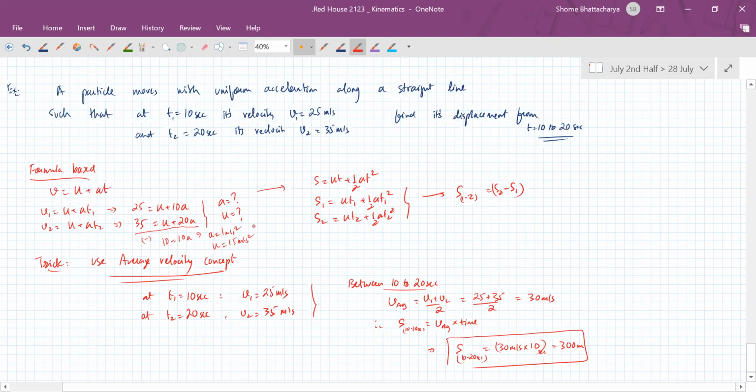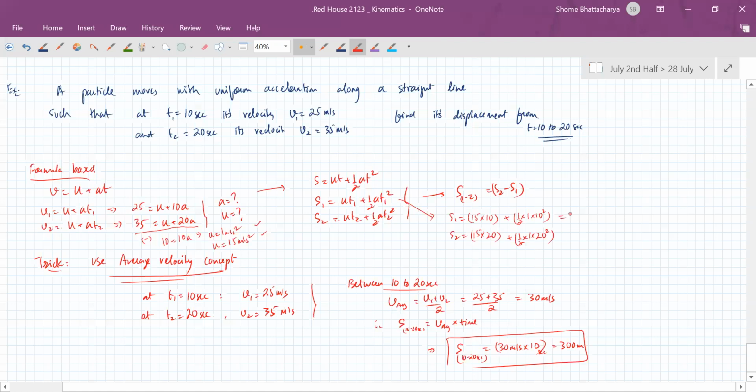So now using these two values, you will get S1 as how much? We'll get 15 into 10 plus half into 1 into 10 square. And we get S2 as 15 into 20 plus half into 1 into 20 square.